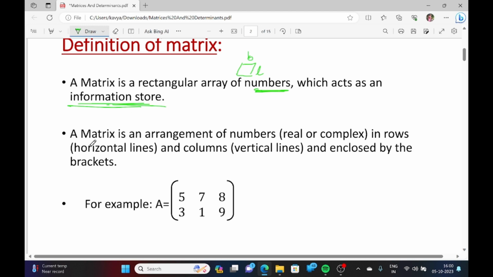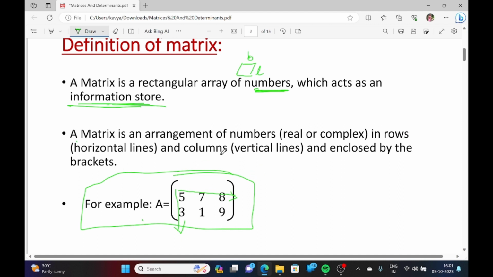For better understanding, we have another definition: a matrix is an arrangement of numbers. Here we can see in this example an arrangement of numbers. These numbers are arranged in rows and columns. Rows means horizontal lines, and columns are vertical lines.